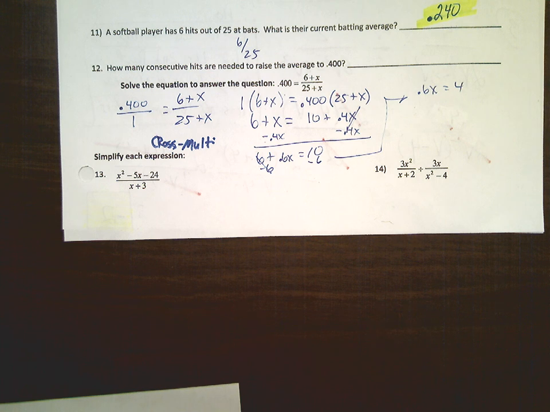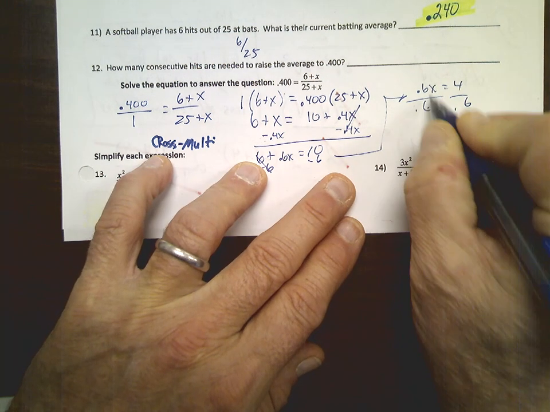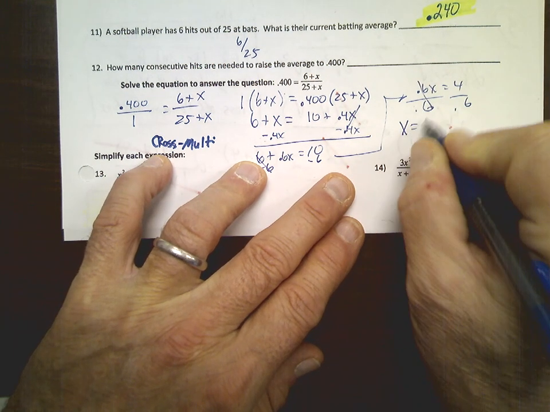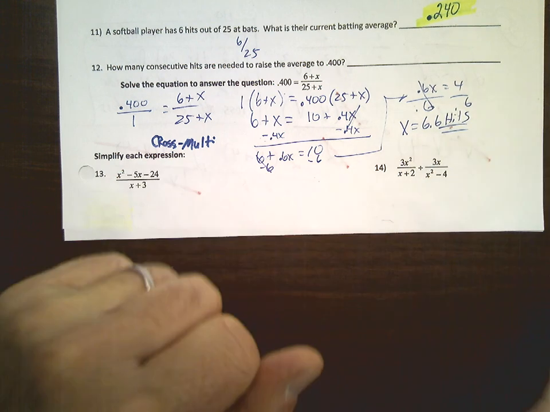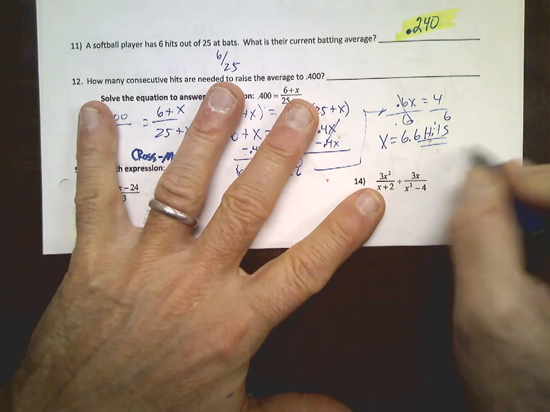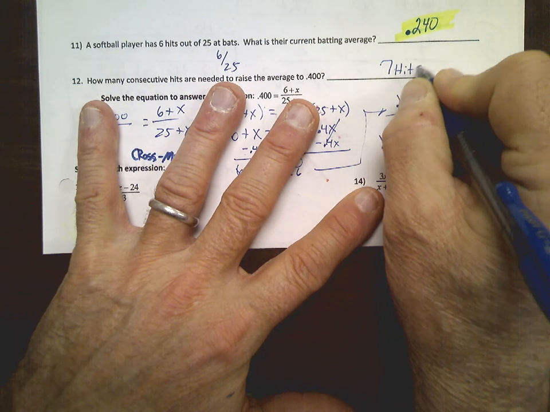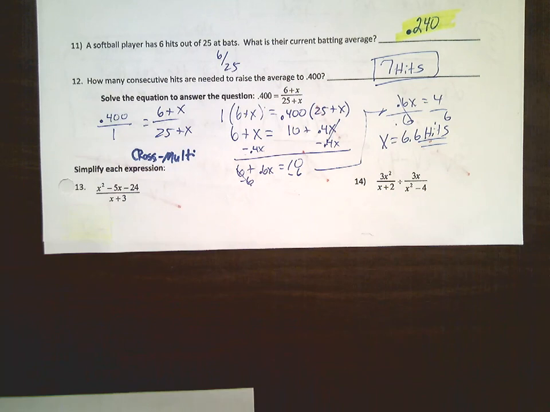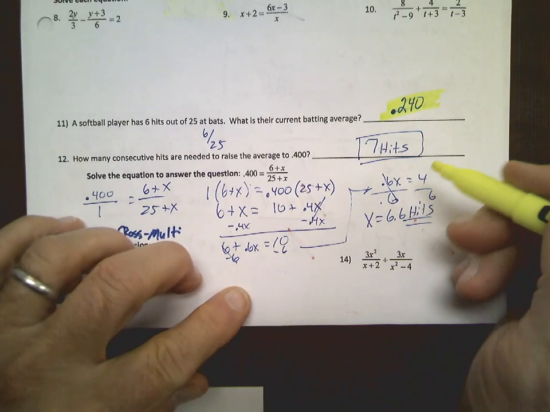What is 4 divided by 0.6? That's 6.6 hits. So let's call it 7. Seven hits. That's 7 hits in a row.